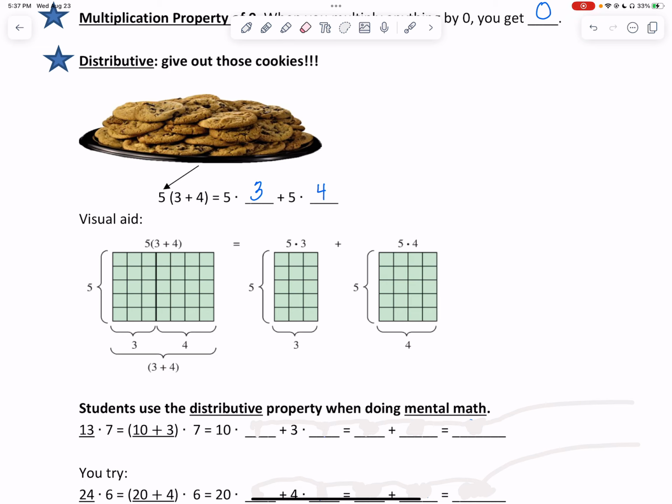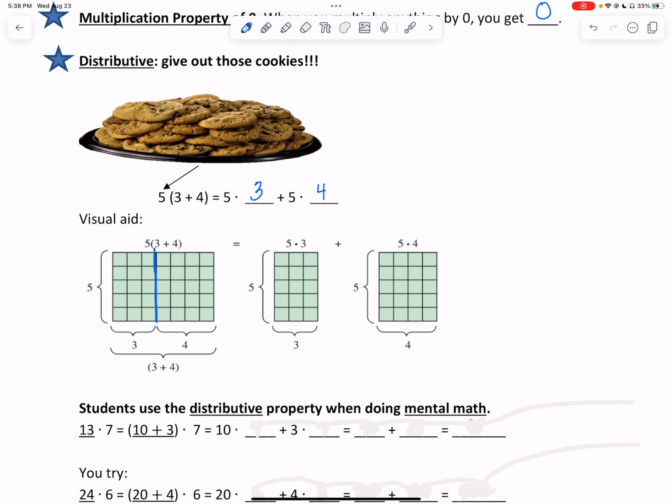This big piece, this whole big thing, is your 5 times 3 plus 4, because 3 plus 4 is 7, and let's count 1, 2, 3, 4, 5, 6, 7. So I'm distributing this 5 to all 7. Or instead, I could split it right down the middle, or as close to the middle as I can, and break it apart.